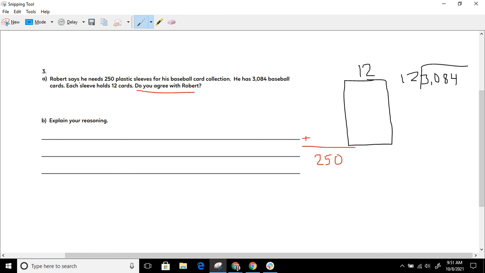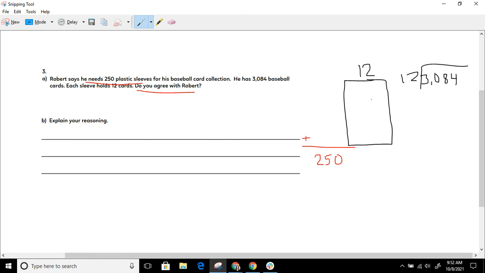Because Robert is saying that he needs 250 plastic sleeves. So if you add and you get 250, then yes, you would agree with Robert. Because when you did the math, he was correct. He does need 250 sleeves for his baseball cards. If you don't get 250, then Robert is wrong. And what you'll do then is you'll explain why you agree or why you don't agree.